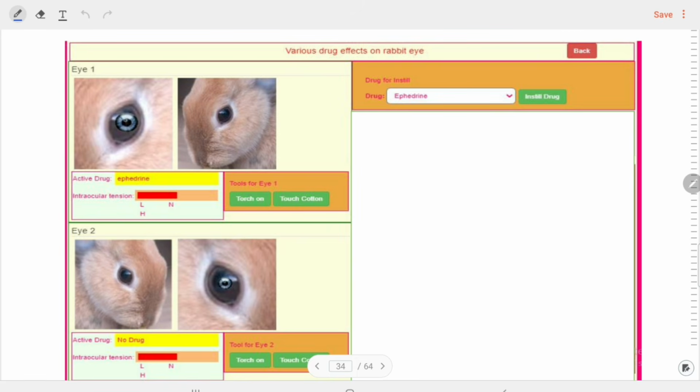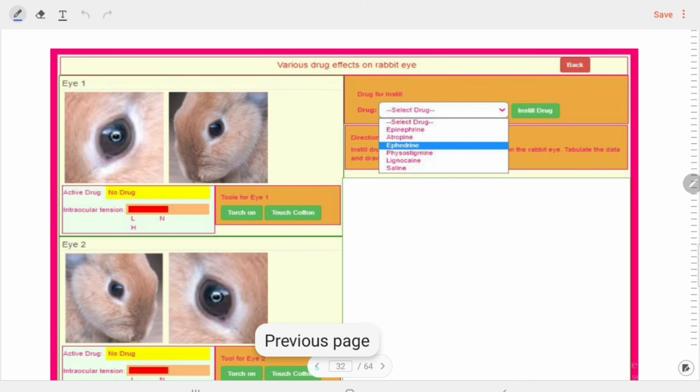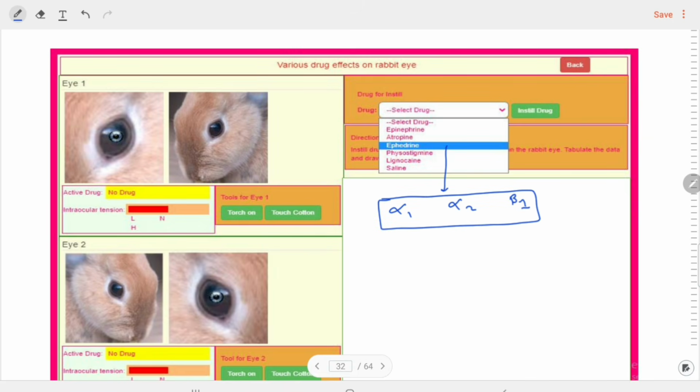Now the next drug is ephedrine. What is more important about ephedrine? Ephedrine acts on receptors alpha 1, alpha 2, beta 1. This drug causes release of noradrenaline from the presynaptic neurons.